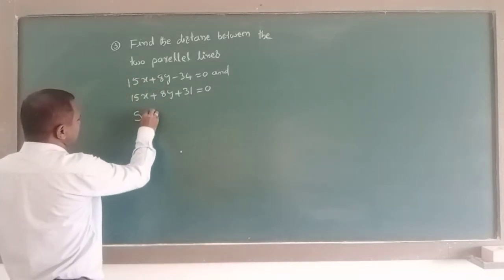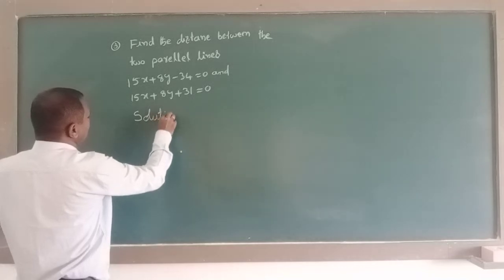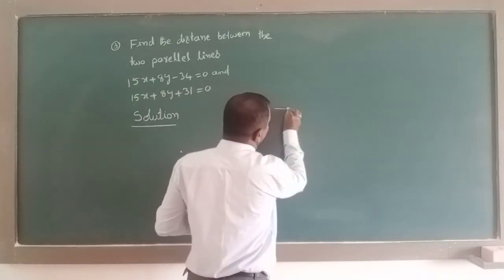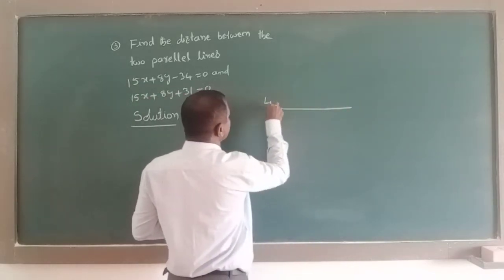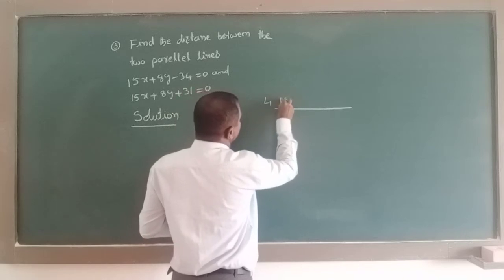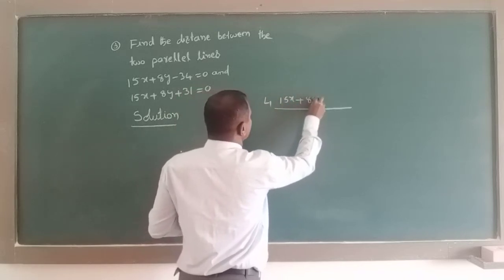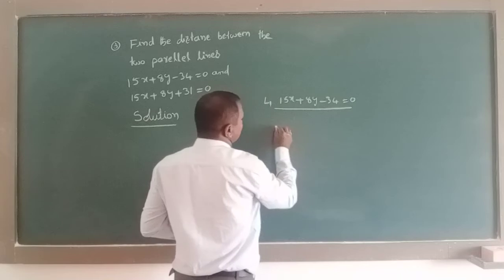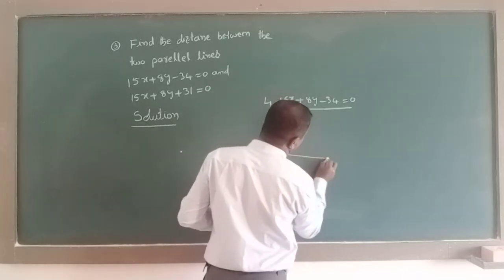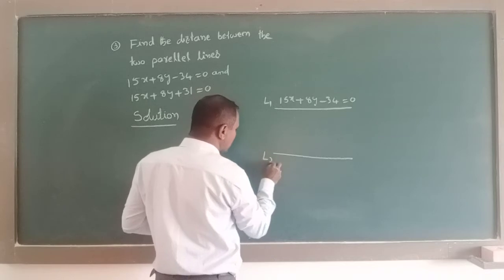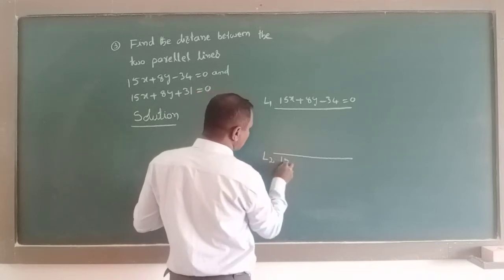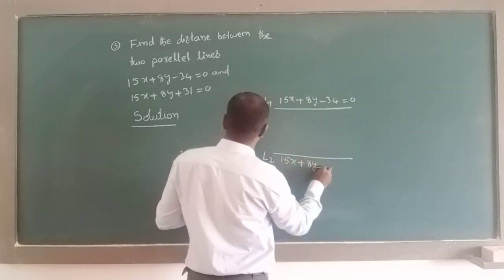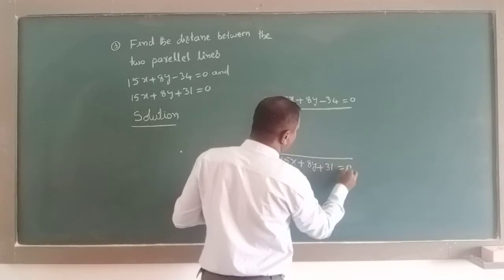Solution for this question. Consider the first parallel line, 15x plus 8y minus 34 is equal to 0, and the second line L2, 15x plus 8y plus 31 is equal to 0.